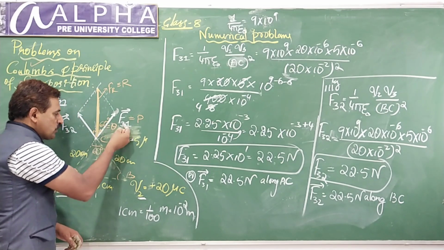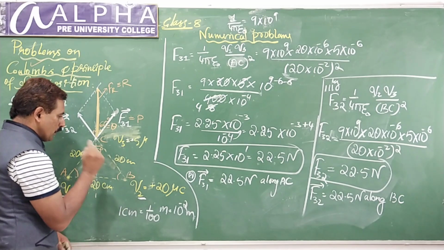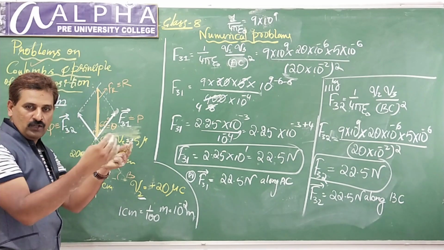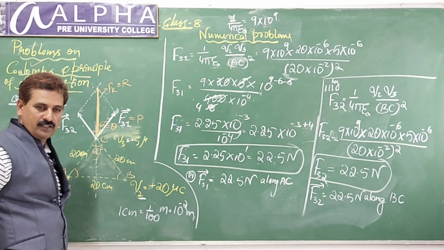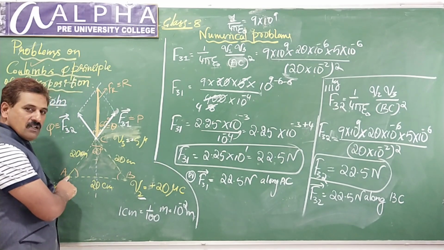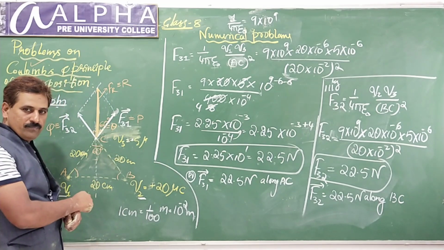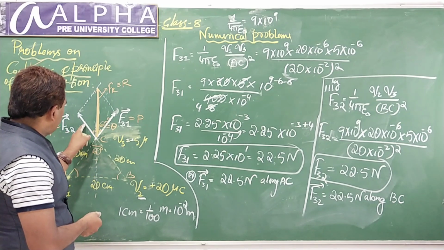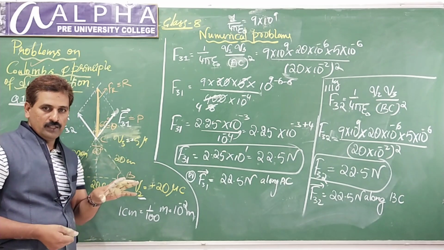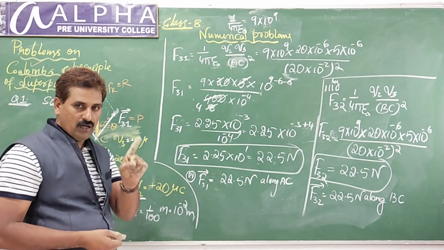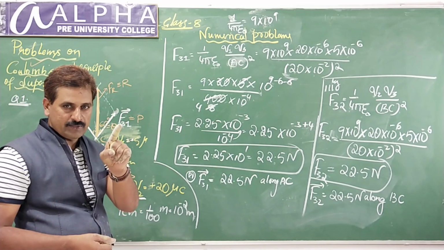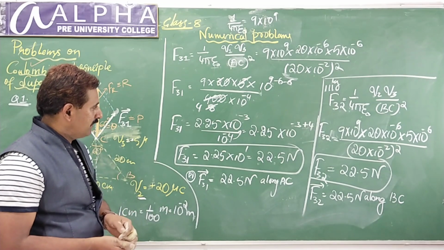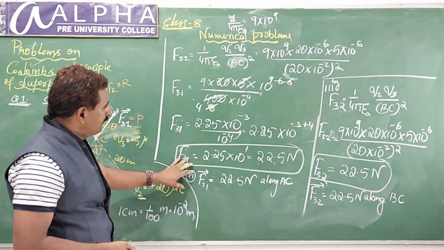Q3 experiences two forces due to Q1 and Q2. That's why superposition: forces superposing on each other, one from this charge, the other from this charge. Now, to find the resultant of these two, you will use the formula R equals root of P square plus Q square plus 2PQ cos theta. You have followed this, right?